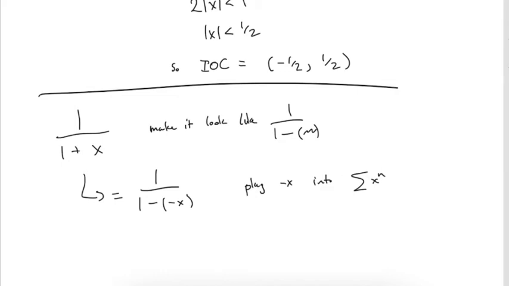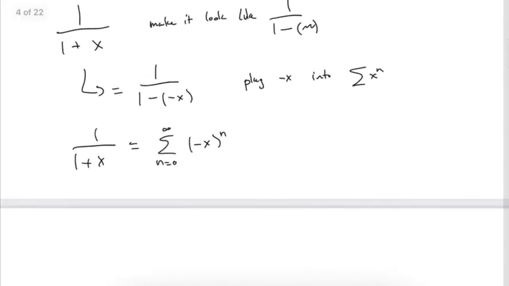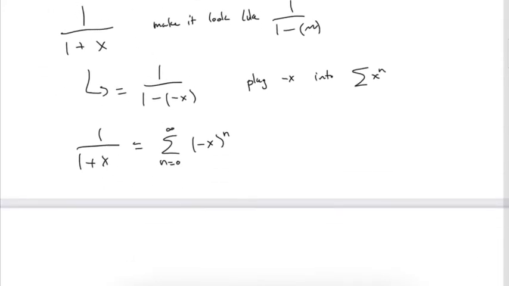So we get 1 over 1 plus x is the sum, n equals 0 to infinity, of minus x to the n. And like I said before, I like to see this in terms of some stuff times x to the power n. So in this example, when I split it up, it's going to be like that. Minus 1 to the n times x to the n, right?